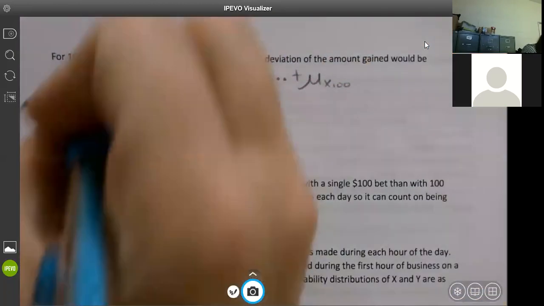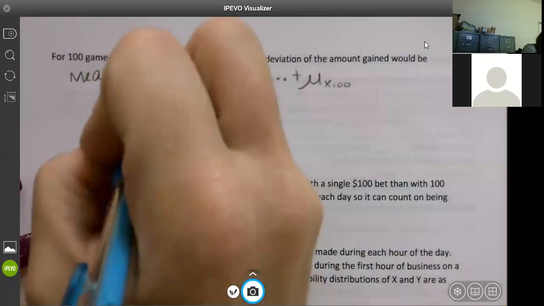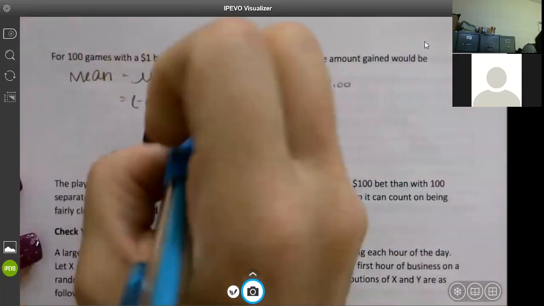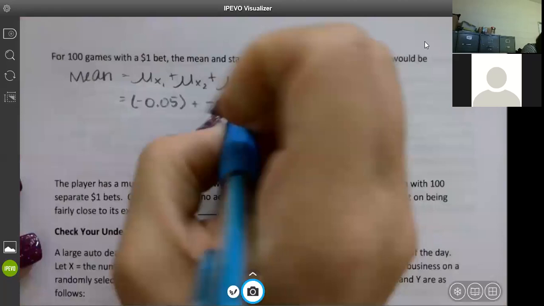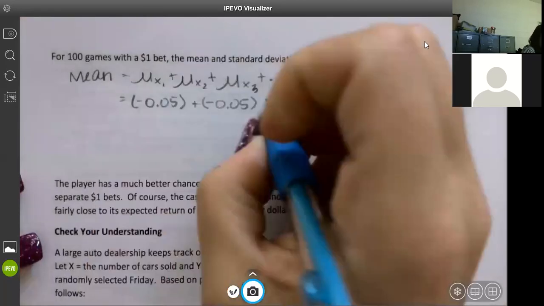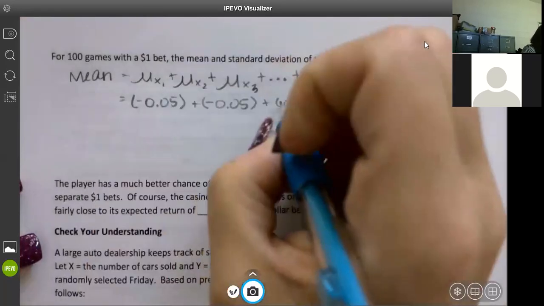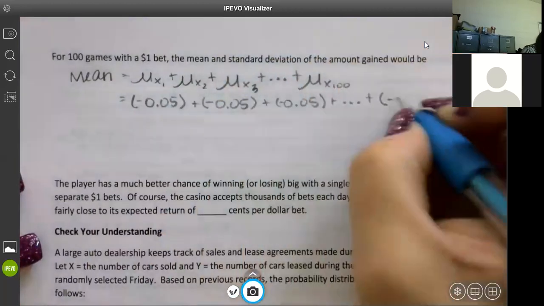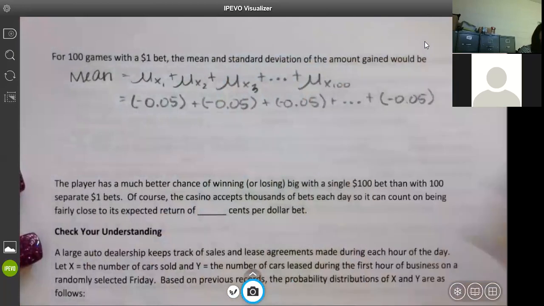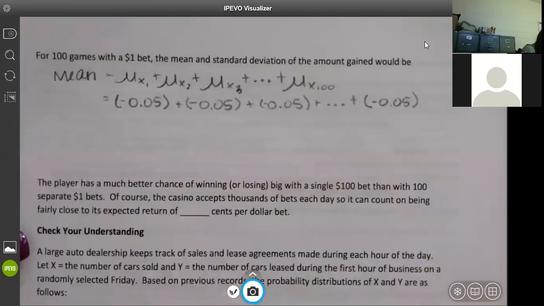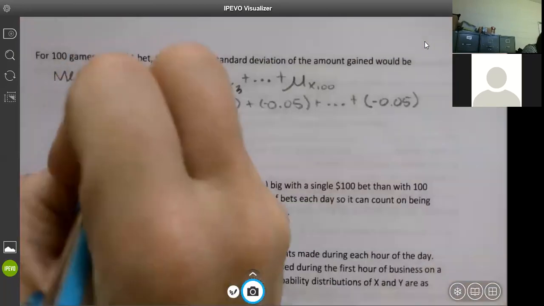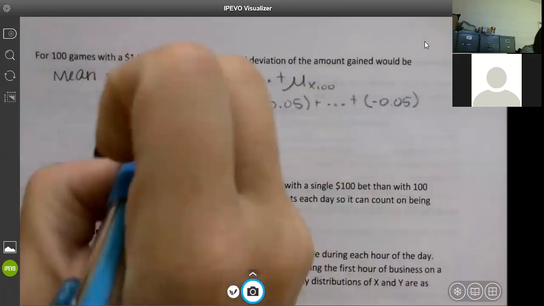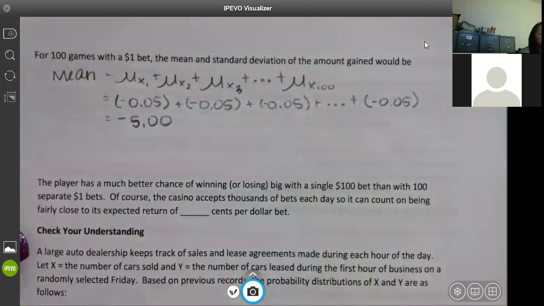So what that means is we're going to add -5 cents plus -5 cents plus -5 cents, all the way up to the 100th time of -5 cents, which would still give you -$5. So the means are staying the same, right?